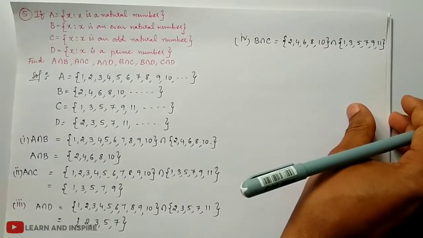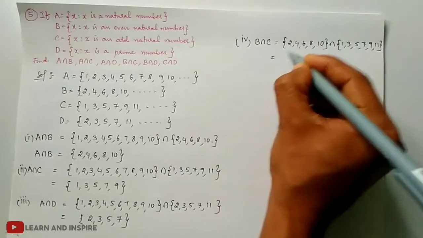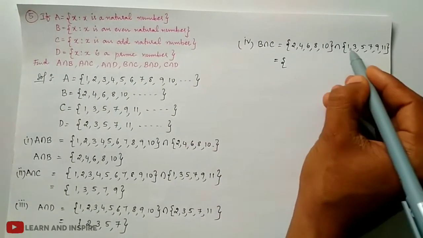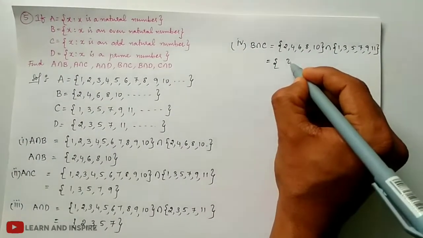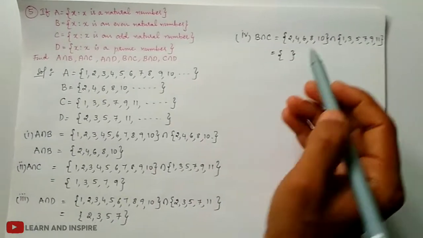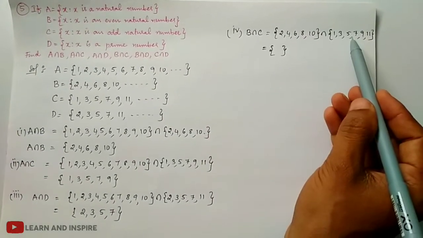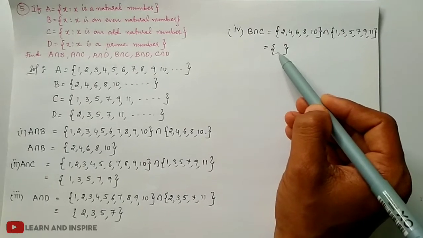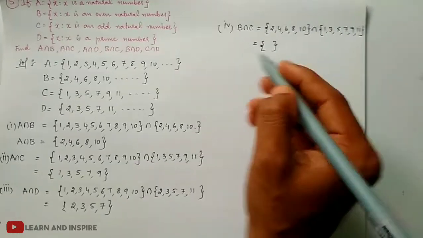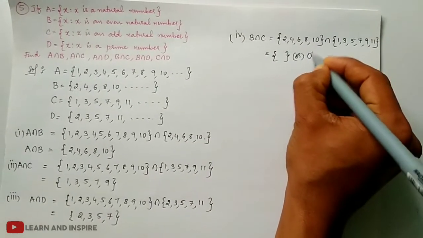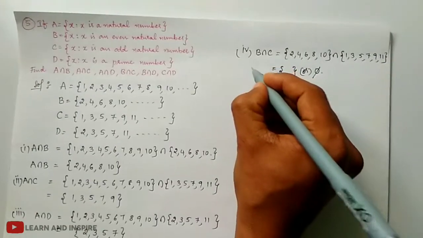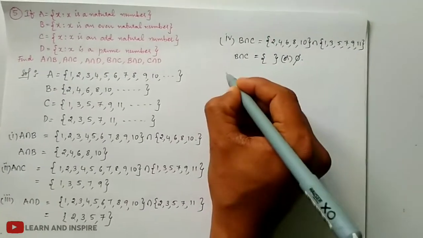What are the common elements in first and second set? You can see there are no common elements, so we write it as an empty set. So B intersection C is phi, the empty set.